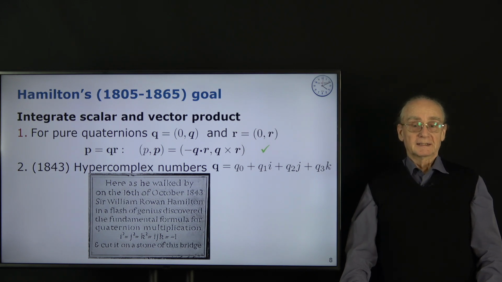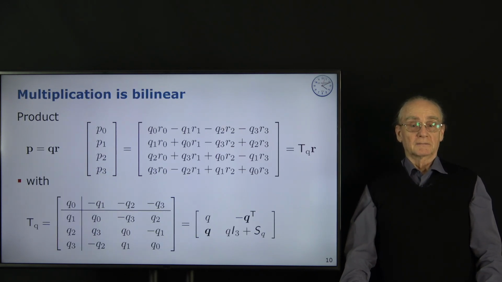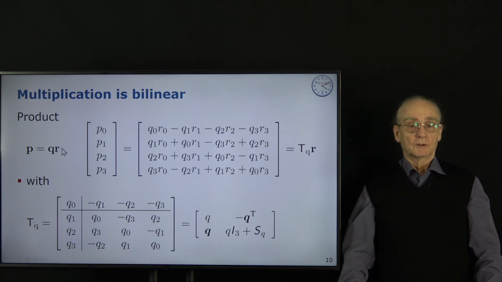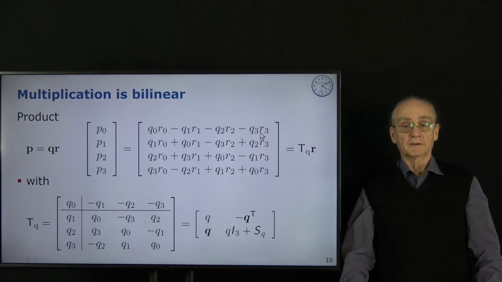So let's go and look a little bit more into the detail of the structure of the multiplication. The multiplication of two quaternions obviously is bilinear in both components. So you see here only products of q and r without any squares. That means if you take out the r here, you are left with q0, minus q1, minus q2, minus q3.